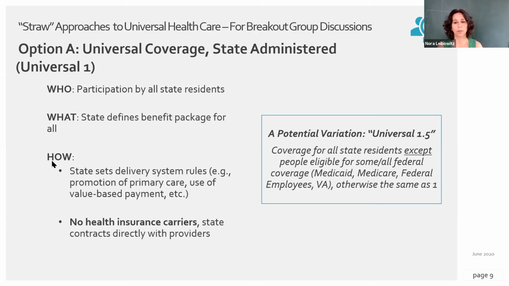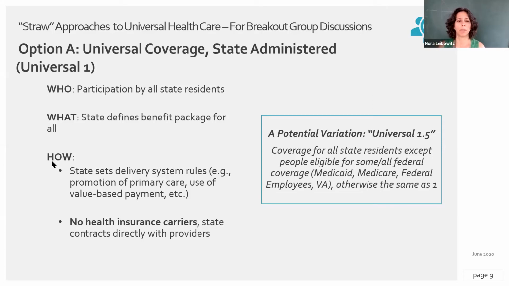Quick note on a potential variation, which is the program could cover everyone in the state other than people who are currently eligible for one or more federal coverage programs. And the big ones really are the Medicaid program for low-income folks, Medicare for adults over 65 and those with disabilities, as well as some other programs that cover folks in the state, like insurance for federal employees and coverage for veterans.